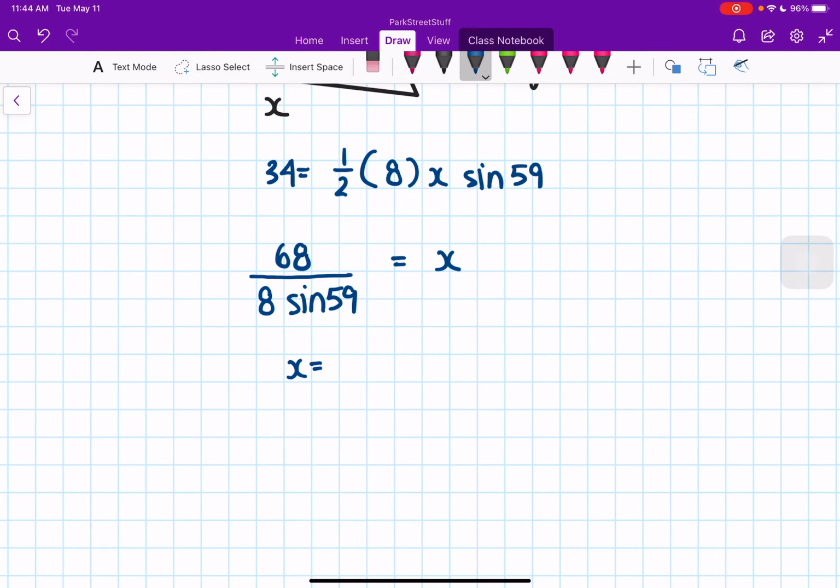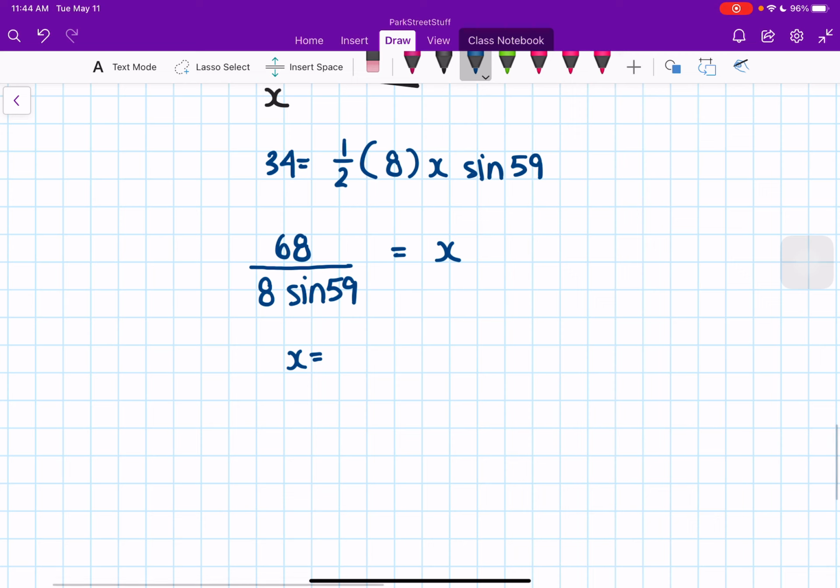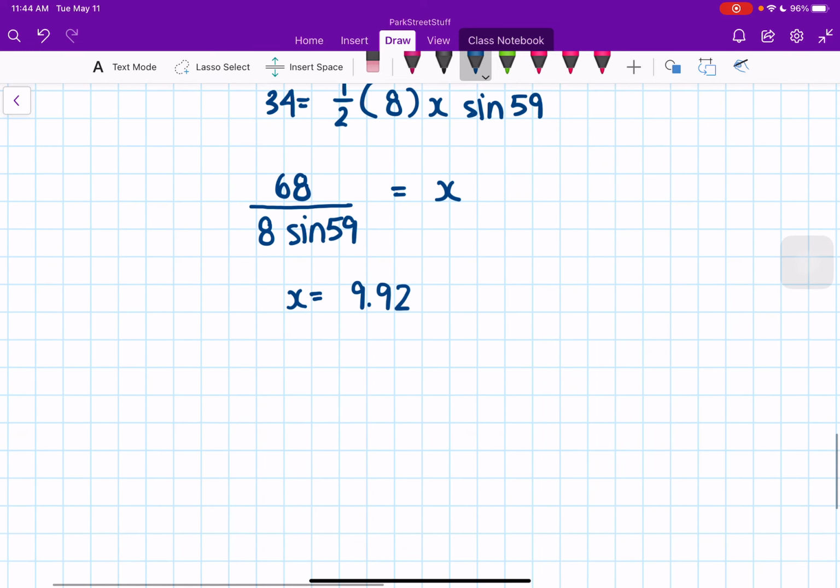So again, we're just going to put all of that into our calculator. And for here, we'll go to 2 decimal places. And they have given us units of meters, so we know that this is going to be 9.92 meters.